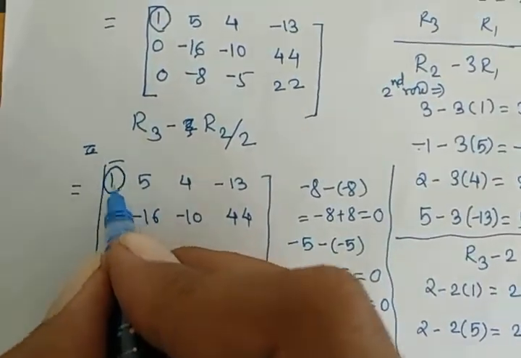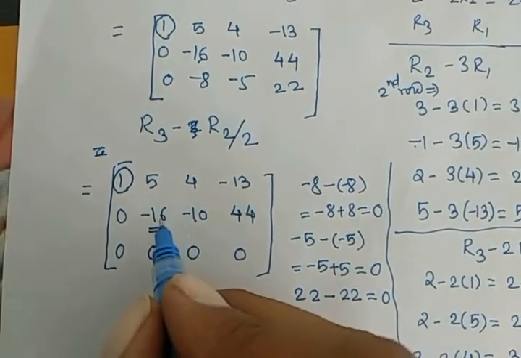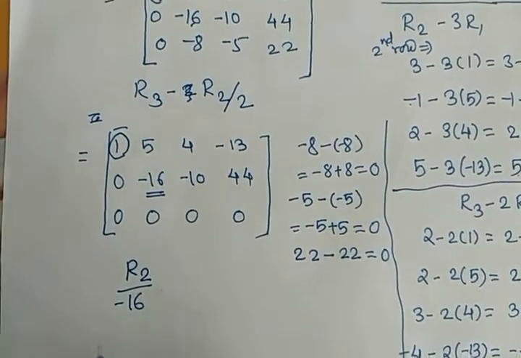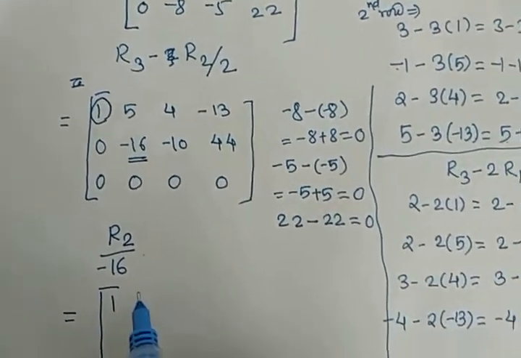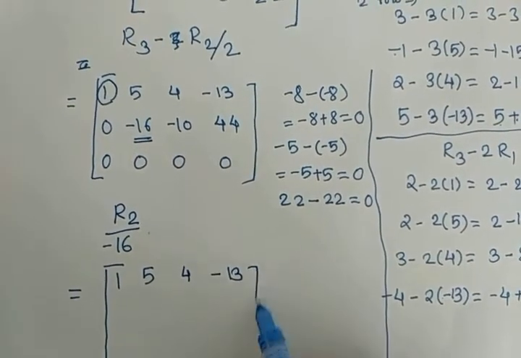Now we have to make a leading one here, because it is a non-zero value. Divide R2 by minus 16, so that we get 1, 5, 4, minus 13.